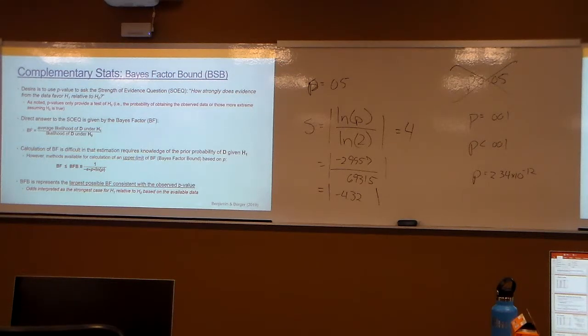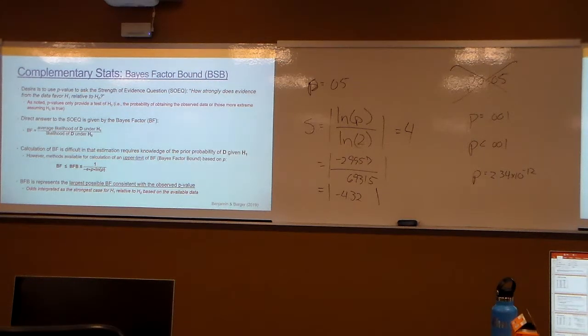There's a 50-50 chance, right? The alternate hypothesis is equally as likely as the null hypothesis, which is being incredibly, incredibly generous, right? What you're doing here is calculating your Bayes factor bound as 1 over negative e times your p-value times the natural log of p. And what you're going to get is a Bayes factor.